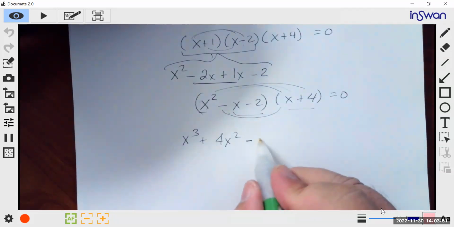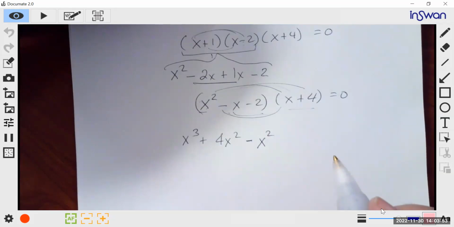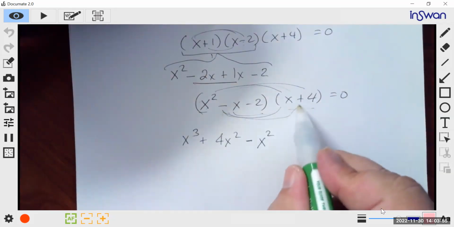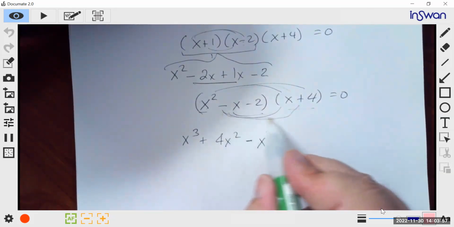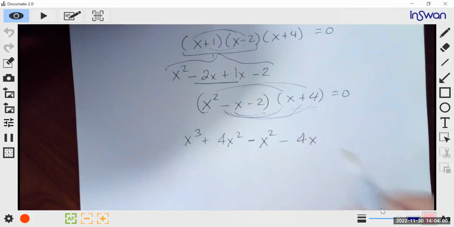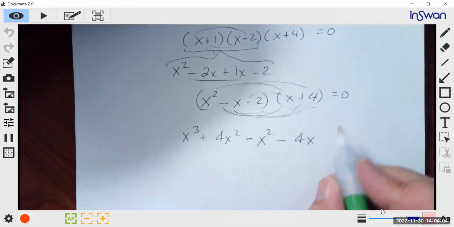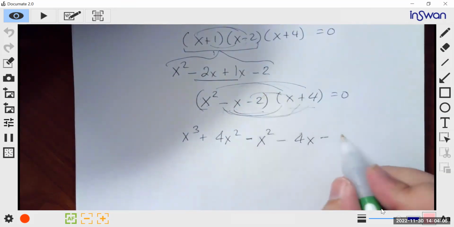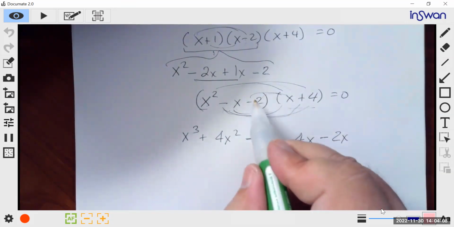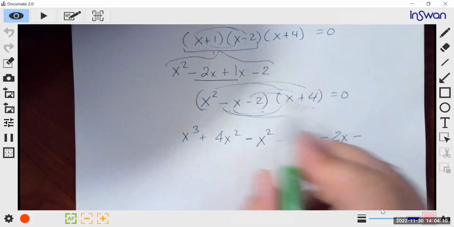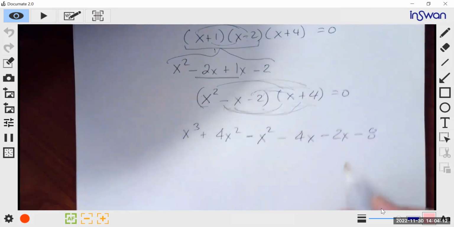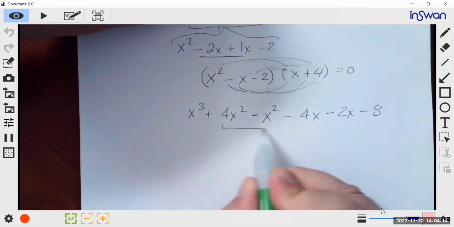X times x is x squared. Negative times positive is negative. X times 4 is 4x. Negative positive is a negative. 2 times x is 2x. Negative positive is negative. 2 times 4 is 8.